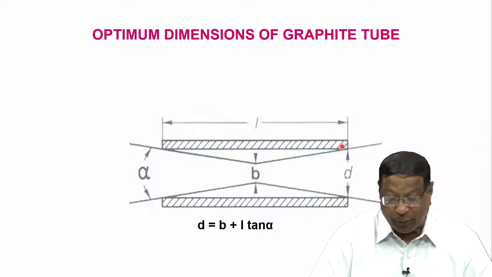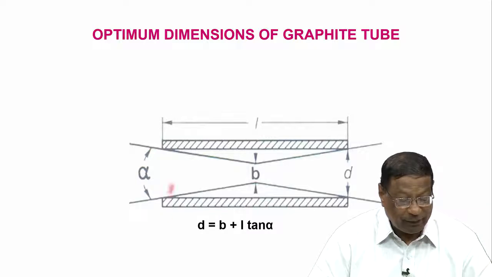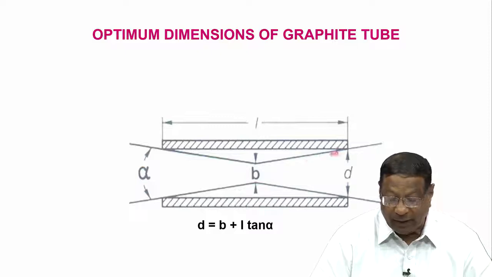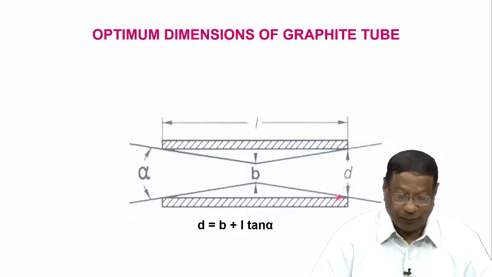It is open at both ends, where I have written D. The sample is put here below, like a blob through a micropipette, and the optical path radiation comes like this and then goes out like this.